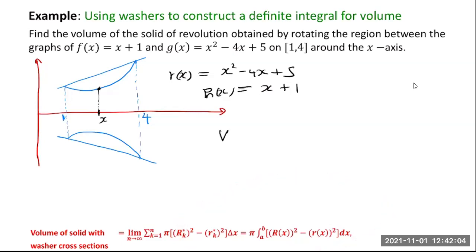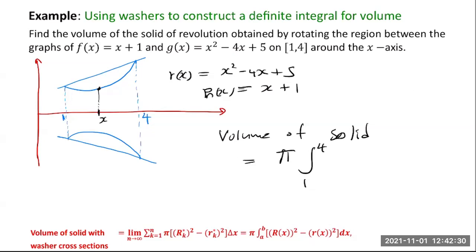Okay, so the volume of the solid that we are interested in is equal to pi times the definite integral from 1 to 4. Notice that the limits should be from 1 to 4 because we are on the interval 1 to 4. What is that going to be?